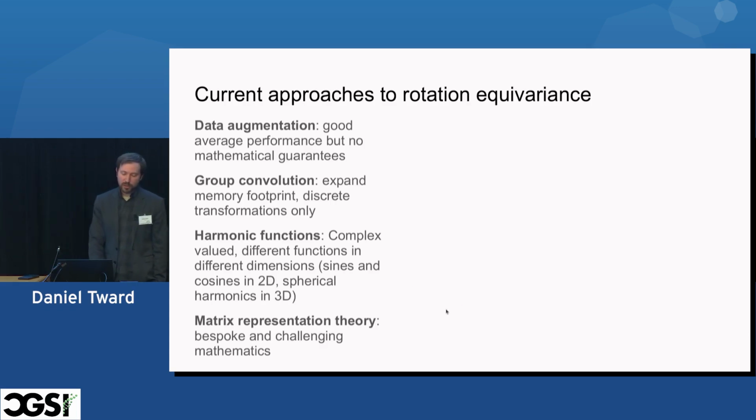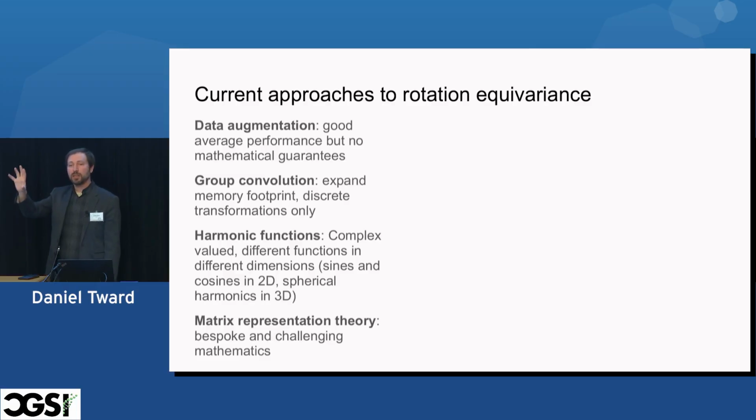Another approach people have used is something called group convolution. What a group convolution is, we expand convolution from dealing with pixels to also dealing with orientations. And our convolution kernels get bigger, and the number of feature maps get bigger, one for each orientation. So in 2 dimensions, we tend to have 8 standard orientations of our image.